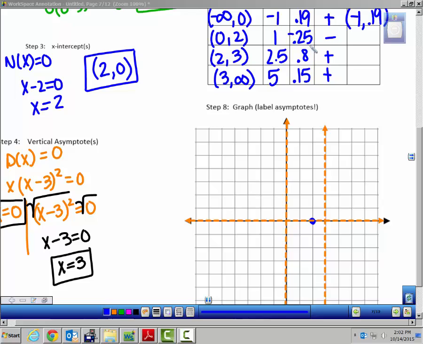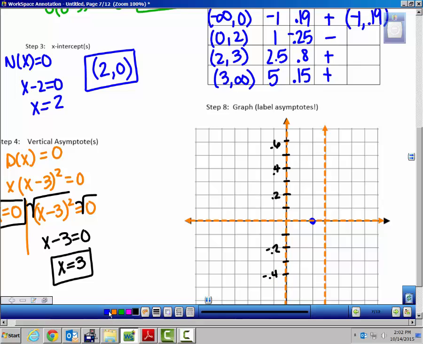None of these are larger than that. So I'm going to scale it by tenths. So each is going to be 0.1. So here will be 0.2, 0.3, 0.4, 0.5, 0.6. And same in the negative direction. So negative 0.2, negative 0.4.